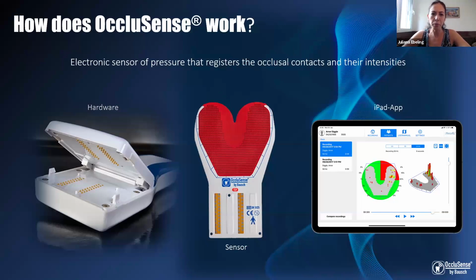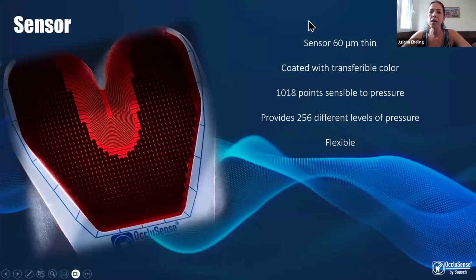So we have the hardware with these pins that connect here with the sensor, and the sensor is the core of the device, and we have the electrodes between two sheets of paper to capture this information. All this data is transferred and processed by the app that is installed on an iPad. So let's understand how it works.